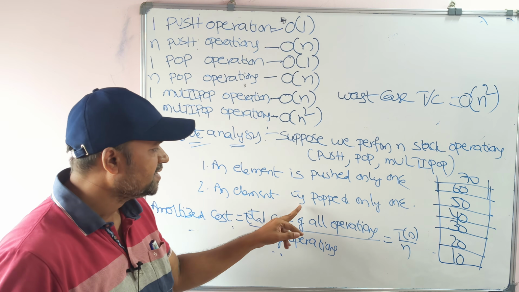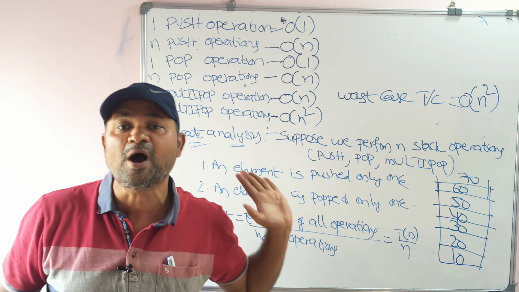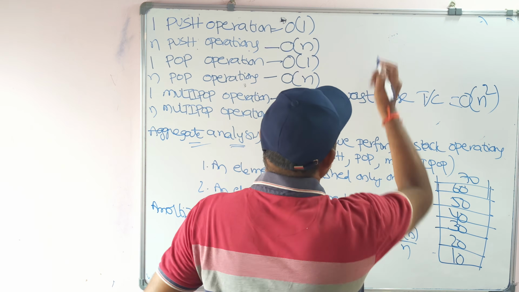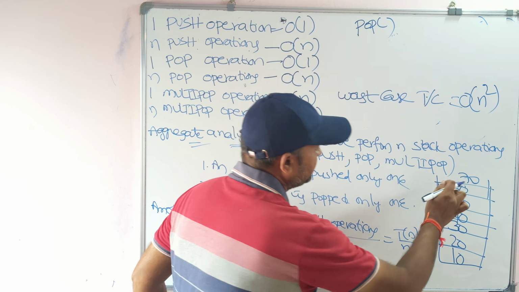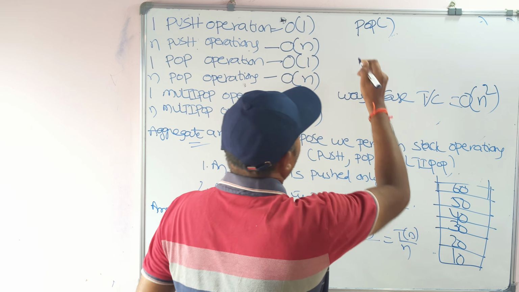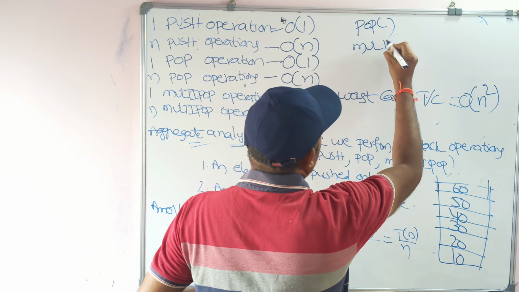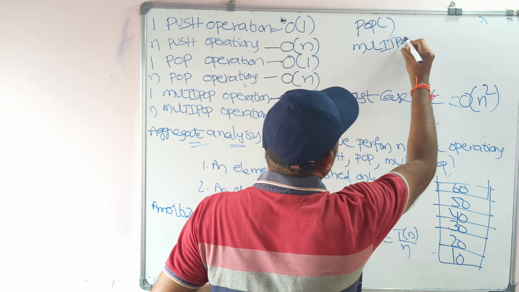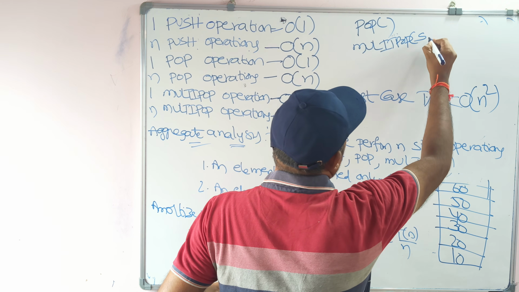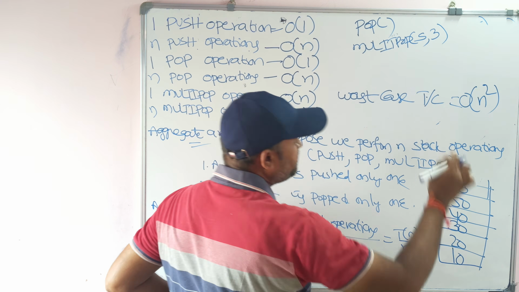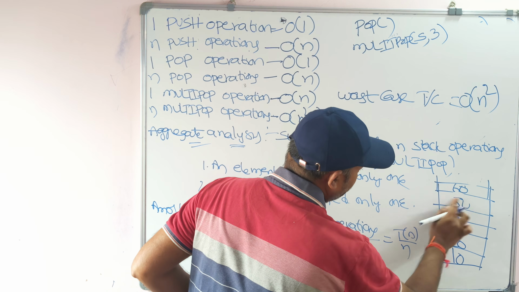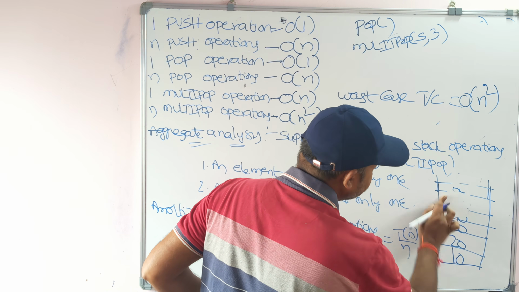Next point, an element is also popped only once. Let us say we have called the pop function. What will happen? This 70 will be popped. Next, let us call multi-pop of S comma 3. Now the topmost 3 elements will be popped: 60, 50, 40.